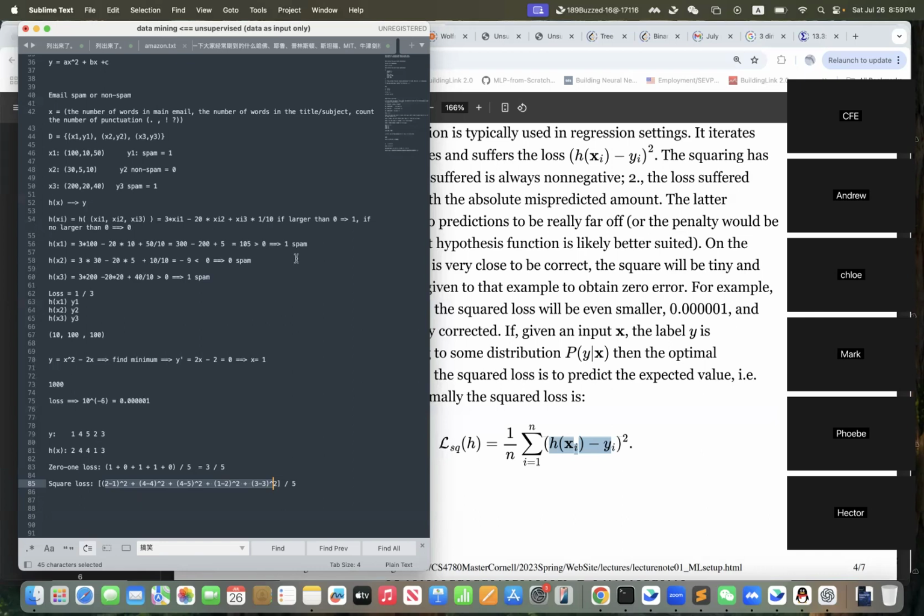I think that's all for the loss function here. Let's take a 10 minute break. I will mute myself and stop the recording.